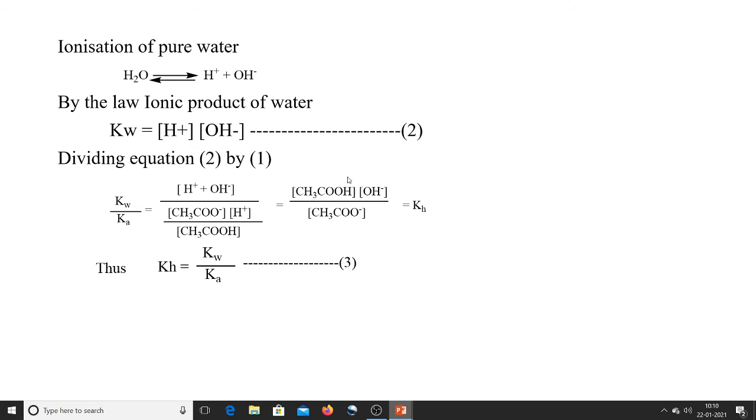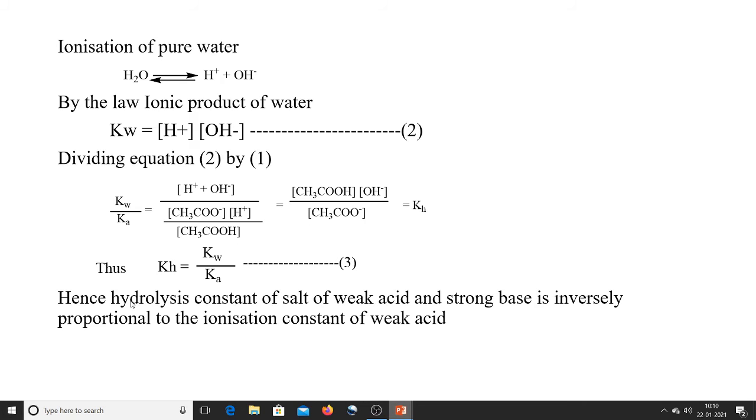So we can write this equation as Kh. So this is the hydrolysis constant of salt. So finally we can write Kh is equal to Kw upon Ka. So this is the equation number 3. So hence hydrolysis constant of salt of weak acid and strong base is inversely proportional to the ionization constant of weak acid. Okay. Now let us move on next topic, that is the degree of hydrolysis.